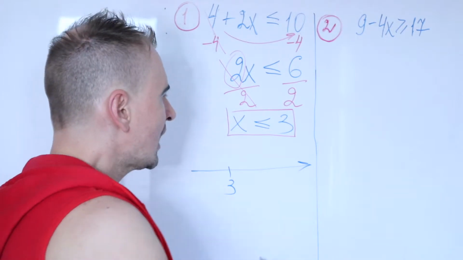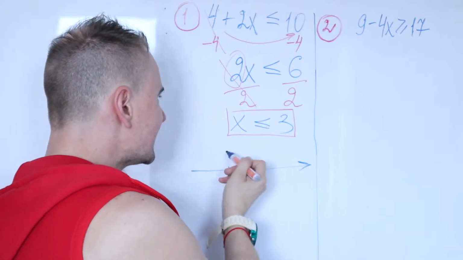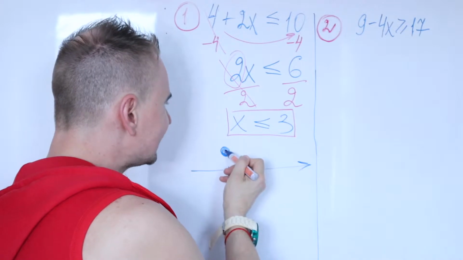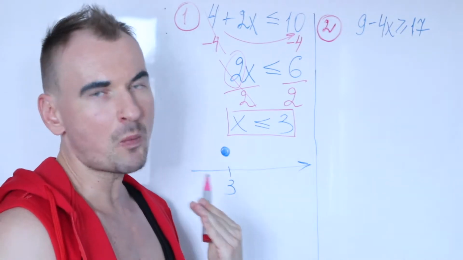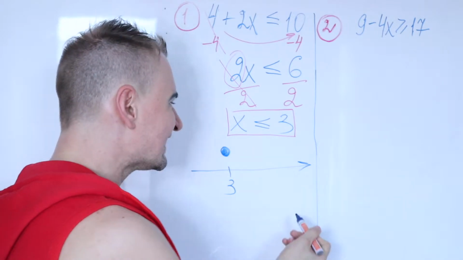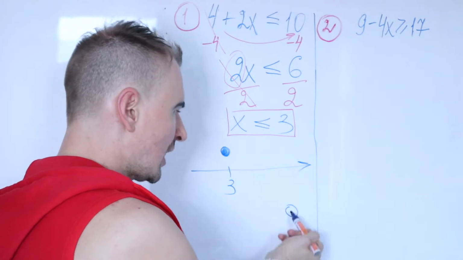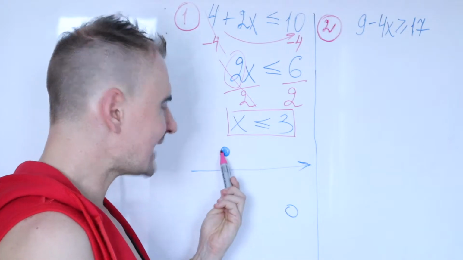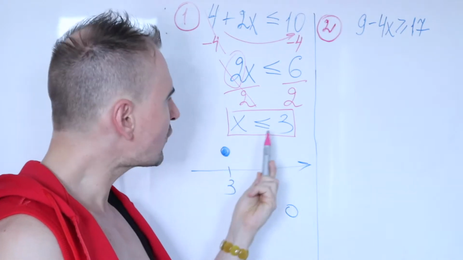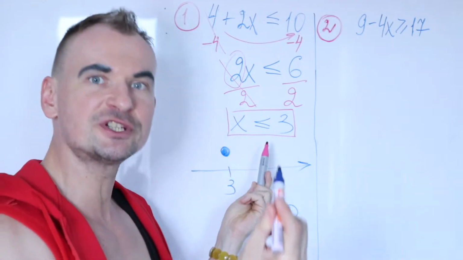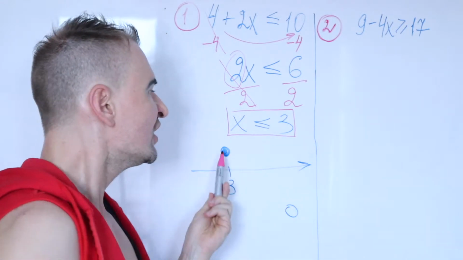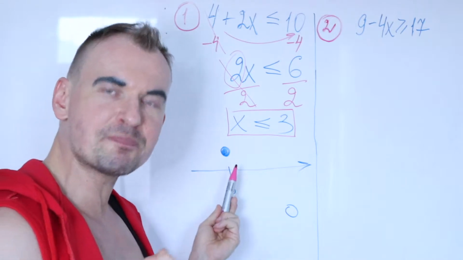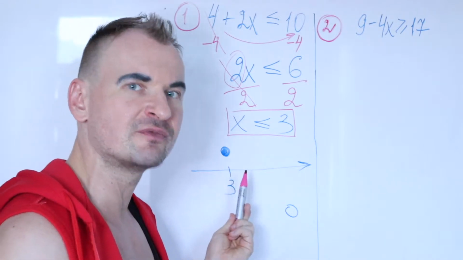Now you need to represent this 3 by using a shaded circle, or closed circle. You could pick between open and closed. Because your number 3 is included in the solution, because we have the equality sign, you have to pick the closed one.